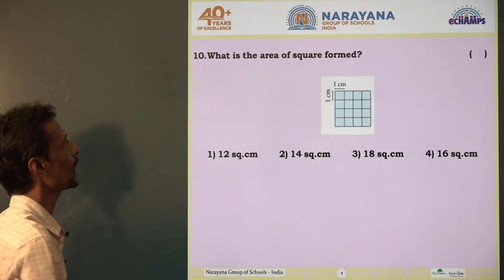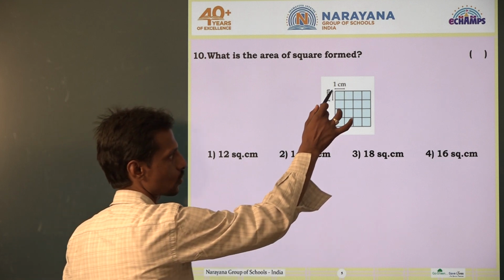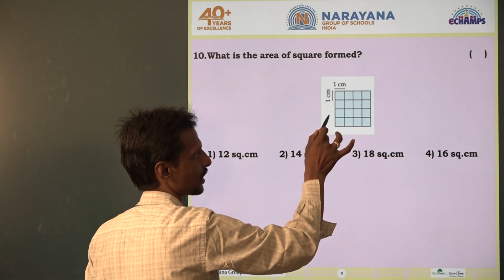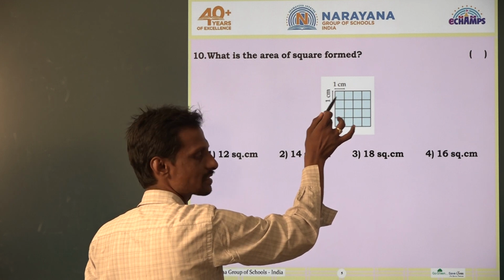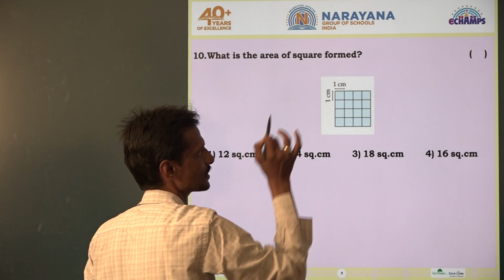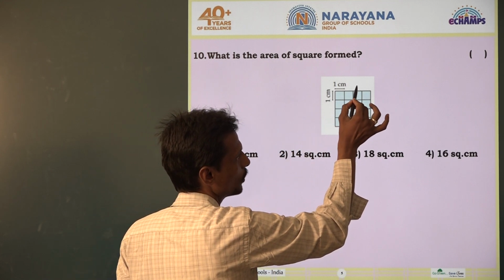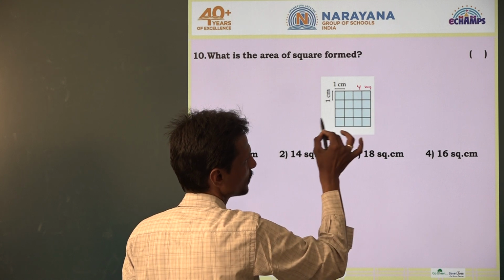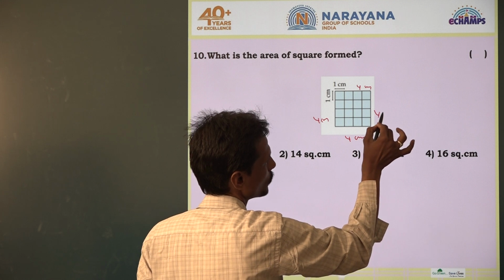Next, the last one. What is the area of a square form? See the square shape here. One small square is 1 centimeter. All sides are equal in a square. So one small square means 1 centimeter and 1 centimeter. Like that, how many squares are there? 1, 2, 3, 4. So it is 4 centimeters. These are 4 centimeters, these are 4 centimeters, these are 4 centimeters.